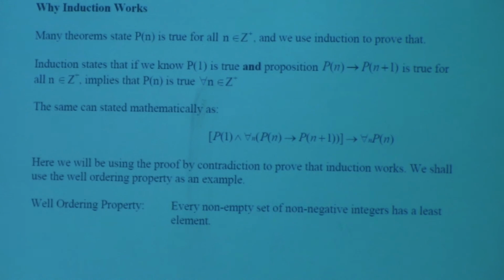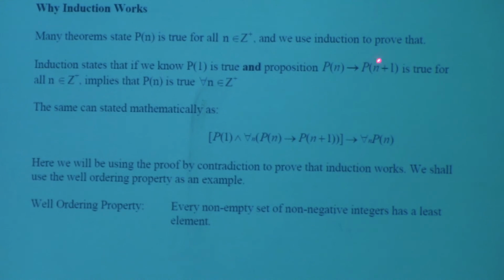And then we have an implication which says P of n implies P of n plus 1. That's really what we have. Because when we say that for j greater than some basis and less than n, what we're saying is that P of n implies P of n plus 1. It's true. So this is our assumption.